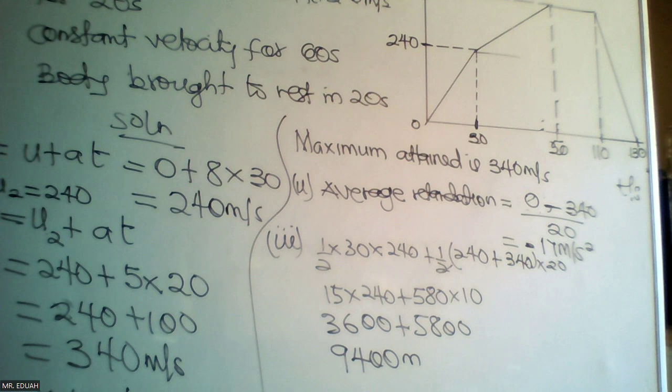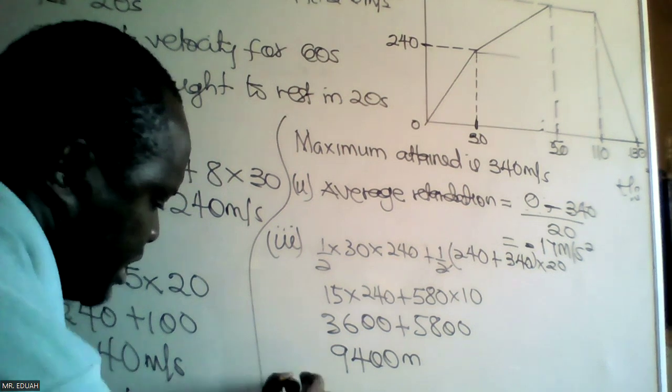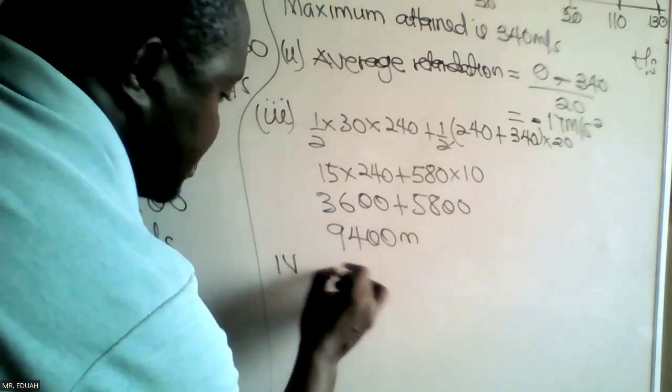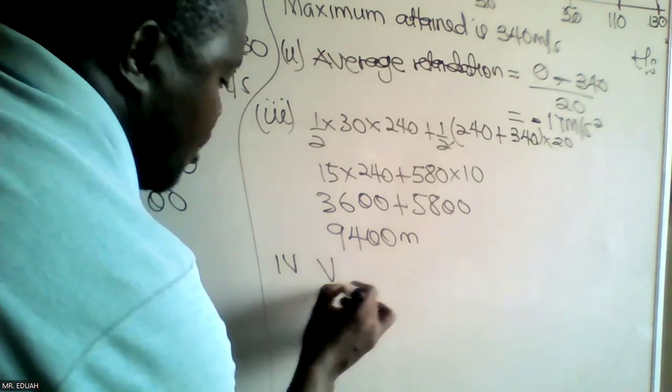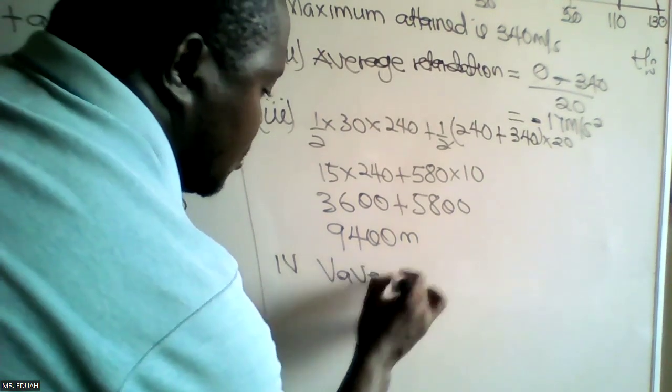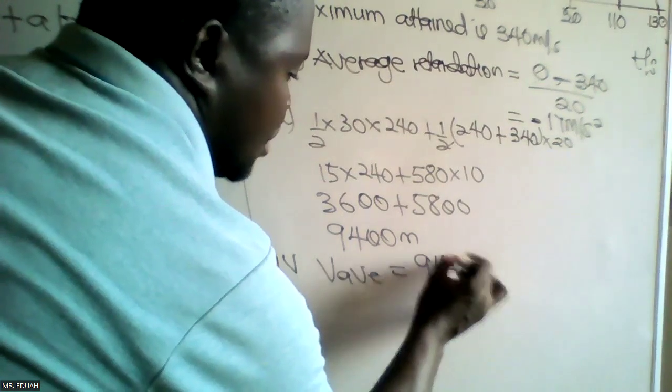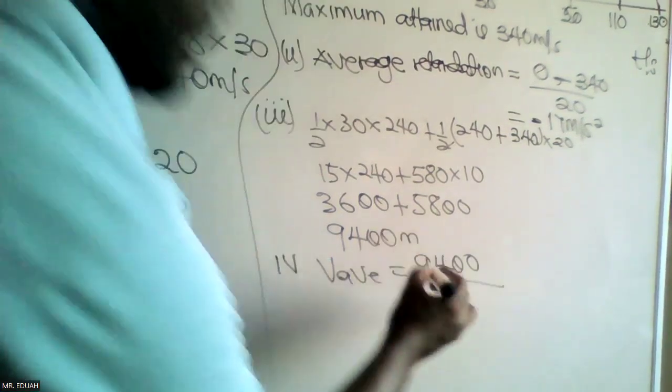Okay. Then the last question, average speed during the same interval, part three. The average speed during the same interval is the total distance, V bar or V average. Total distance 9,400 divided by 50.